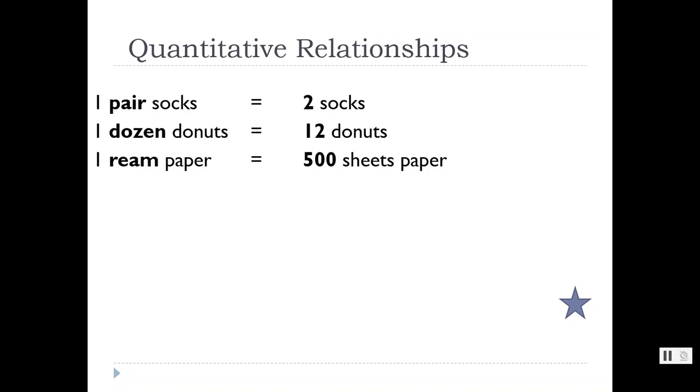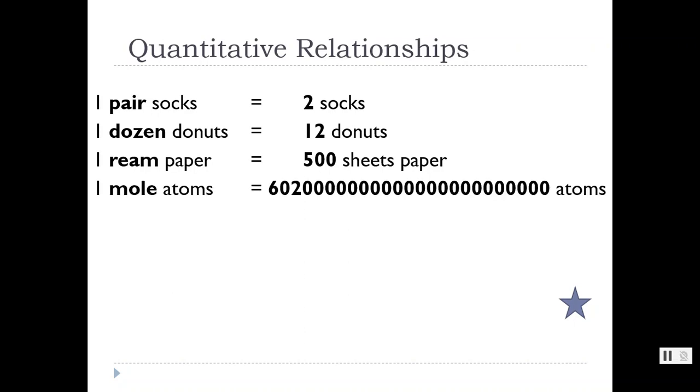Well, when chemists count things, we like to count things like atoms, molecules, and ions. So what do we use when counting those things? We use this new unit that hopefully you will know and love by the end of this course, and that is called the mole.